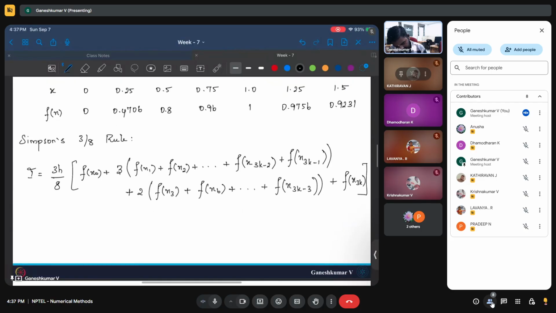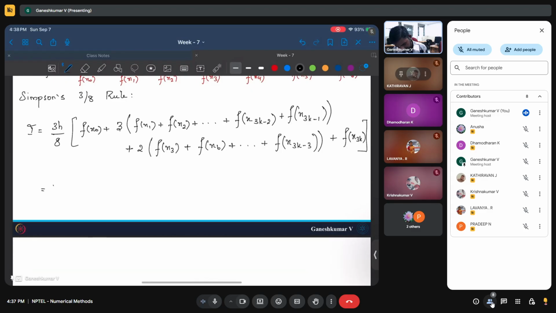Now we need to write it for this function that we have. So this is going to be f of x naught, f of x1, f of x2, f of x3, f of x4, f of x5, and f of x6. Let me write it for this problem.